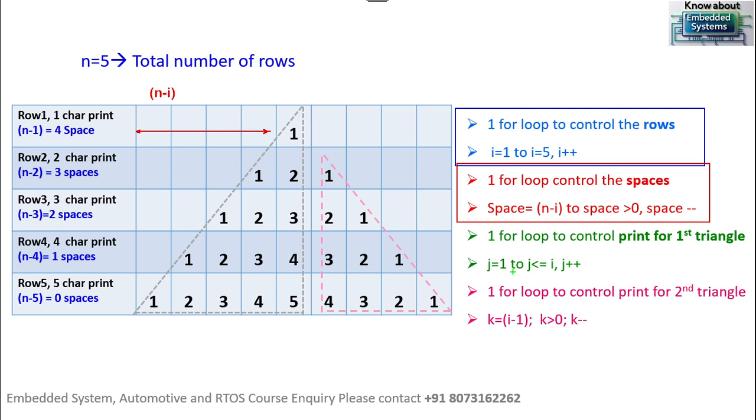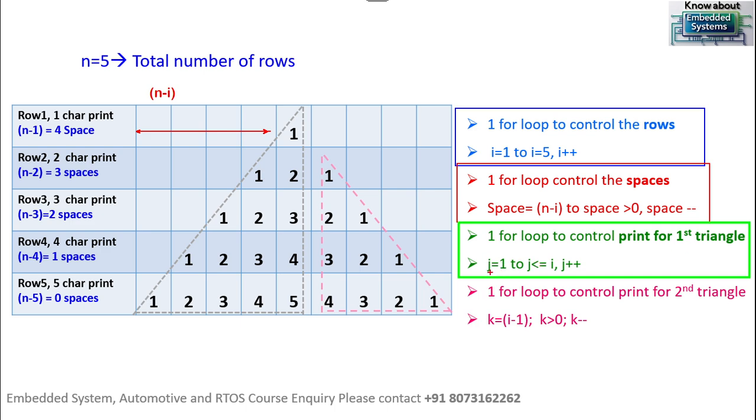And third thing, the number of characters to be printed in the first triangle. So I told you already, you also know that. So we have 2 triangles. So what are the things I have to print in the first triangle? In the first triangle, I have to print characters, right? So to control that, I'm going to use one for loop.